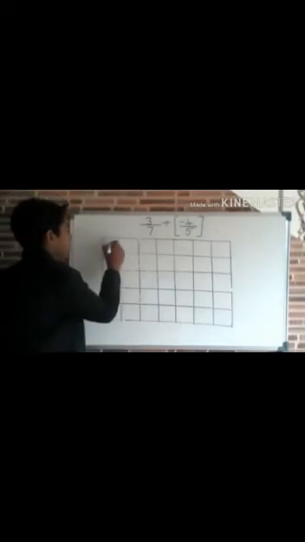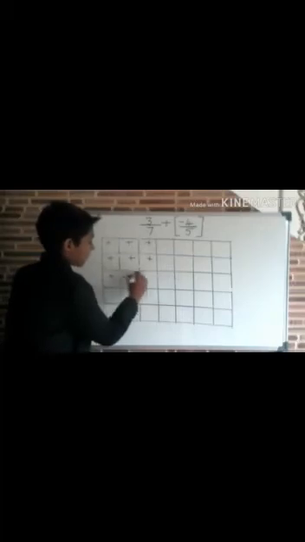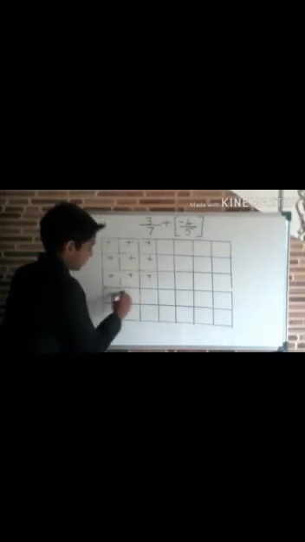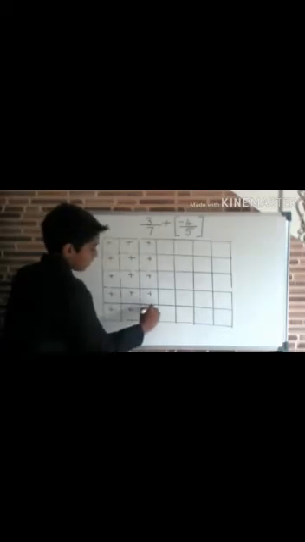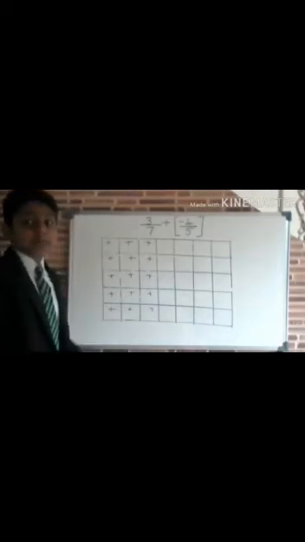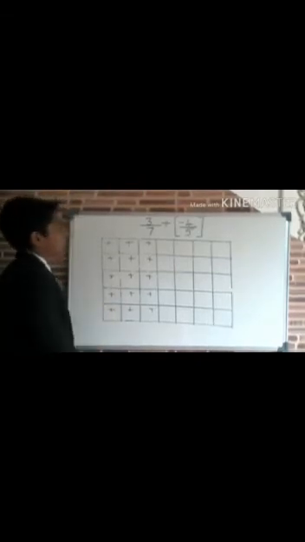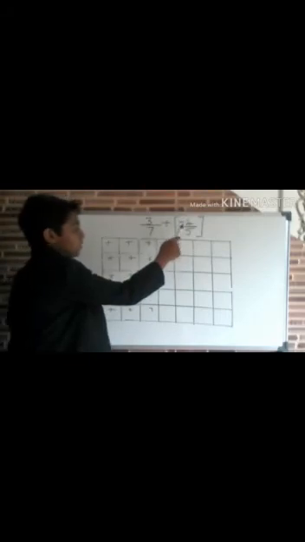So we should put positive sign in 3 columns. And I've finished putting positive signs in 3 columns. And in the second rational number, the numerator is -4.